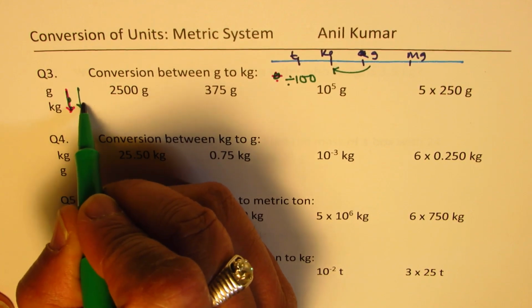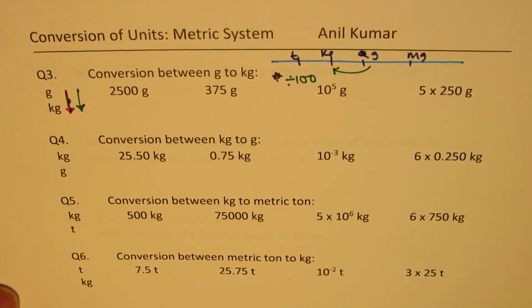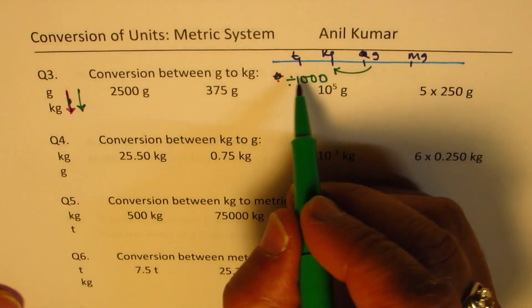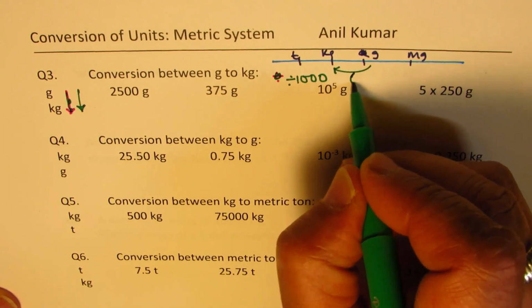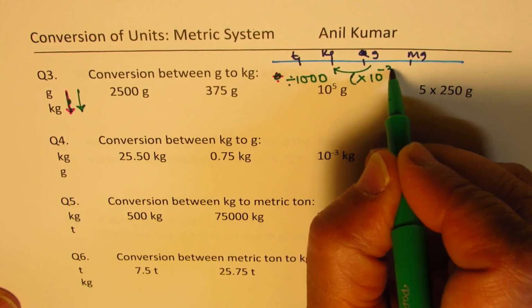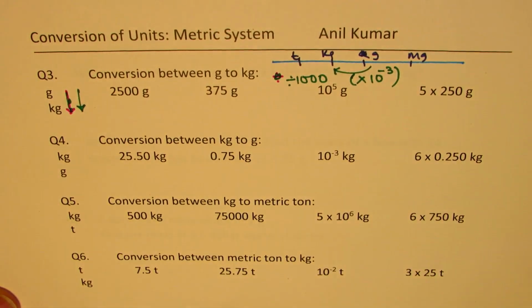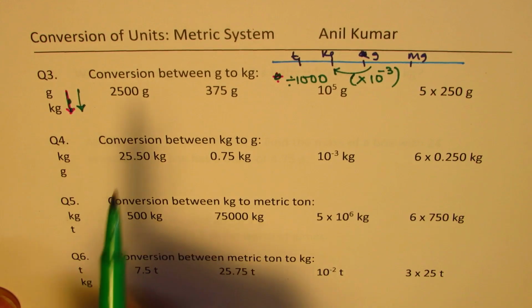So let me use the green color, which I used earlier also, right? Divide by 1000. Okay. So dividing by 1000 also means multiply by 10 to the power of minus 3, right? This is one and the same thing. Okay.